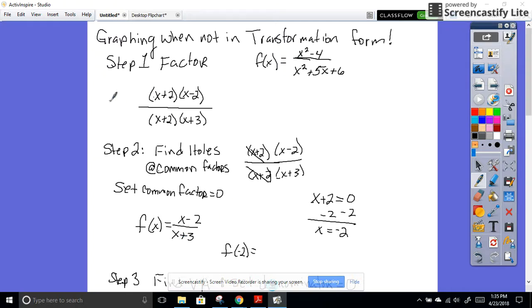We took this equation, this is f of x in factored form. We took it, we canceled out the common factor, set the common factor equal to 0, found x equals negative 2. Now we're plugging negative 2 into the part that's left after we canceled it out to find out where the y value for our hole is.